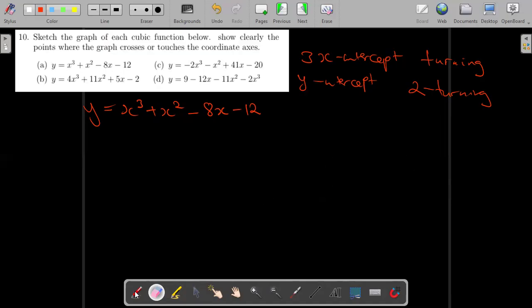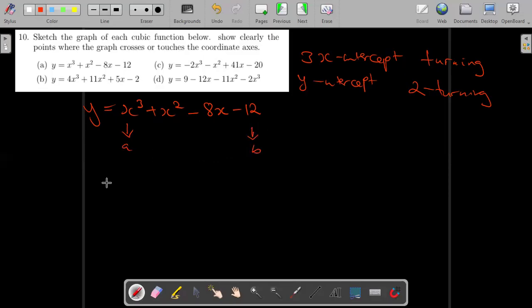So what do we do here? Let's go direct into our equation. First of all, we want to factorize this, so we want to use the rational root test to find the factors. In the rational root test, the coefficient of x cubed is my a and the constant is my b.